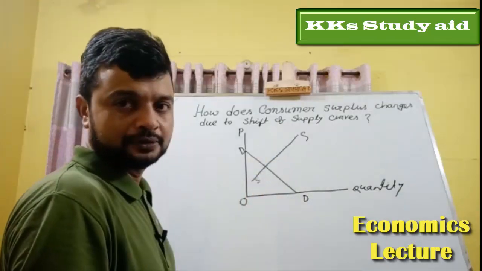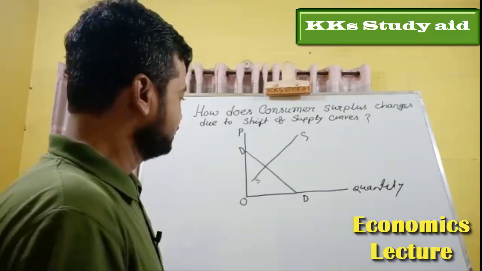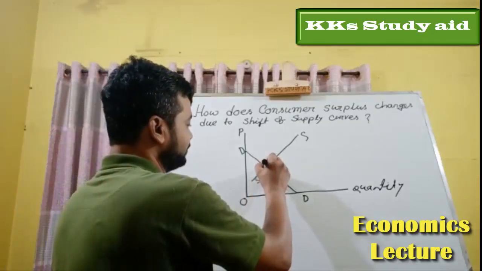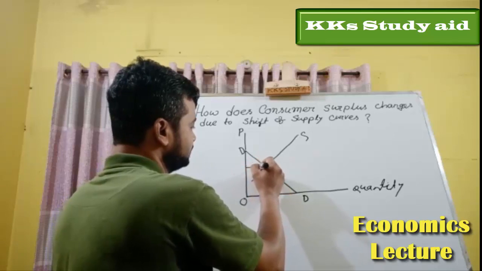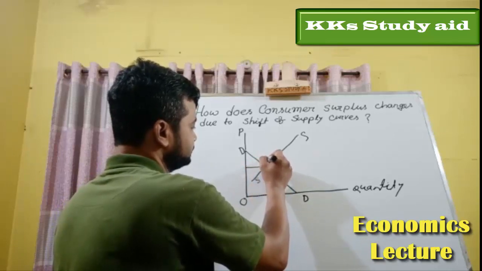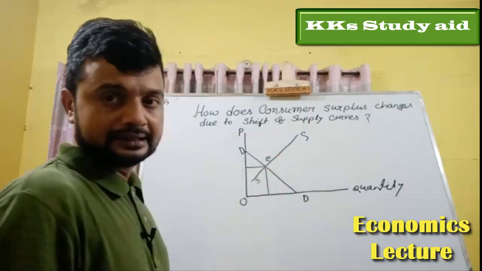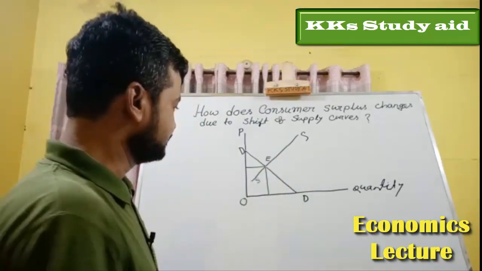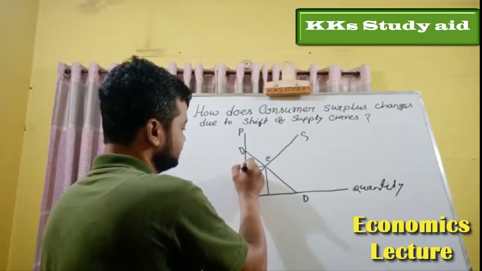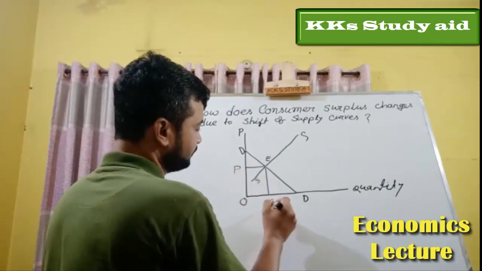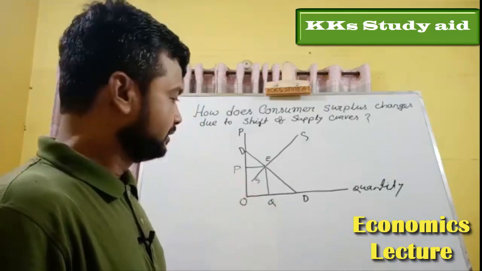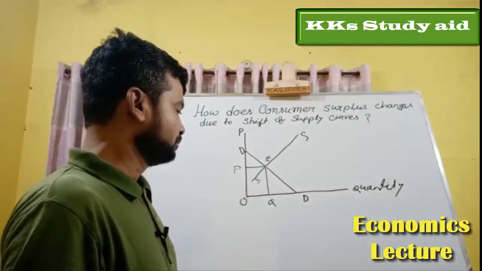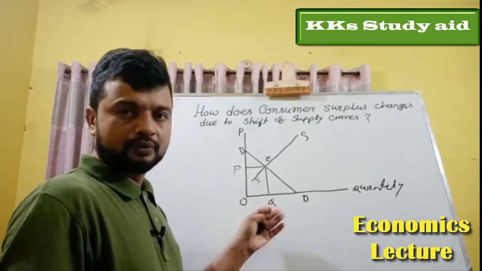This is called the intersection point, and we get here the point of equilibrium. We can call it E. So E is the equilibrium point here, which relates the price P and the quantity Q. That is, when the market price is P, the consumers purchase Q quantity.